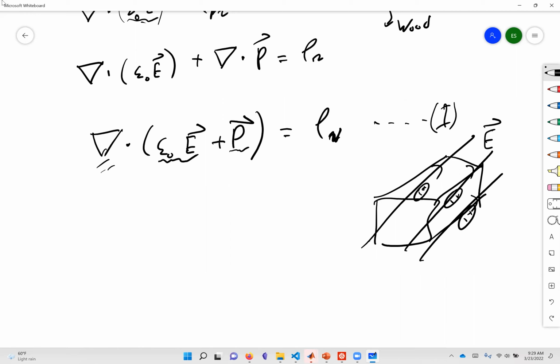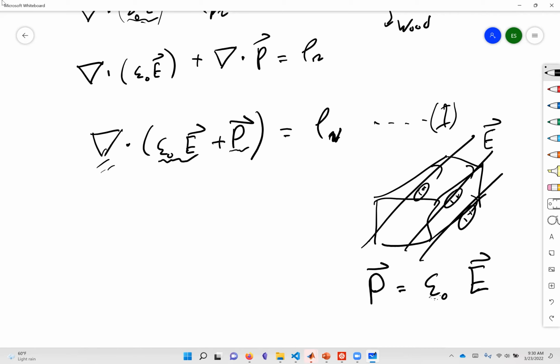So we can say that maybe the polarization in the material, and this maybe happens most of the time, is just some proportionality constant times E. How we write it is that it could be the same as free space, by the way. So it could be epsilon naught E, but it could be different than free space.